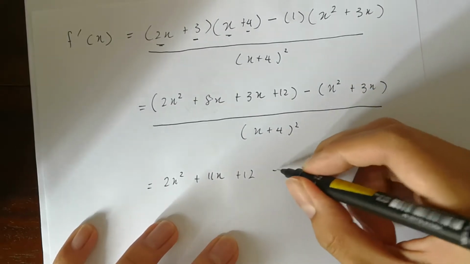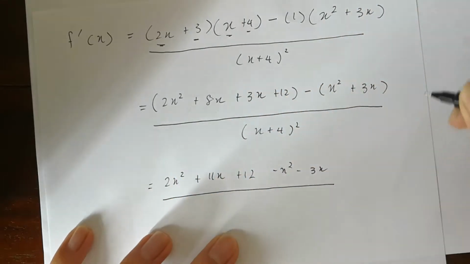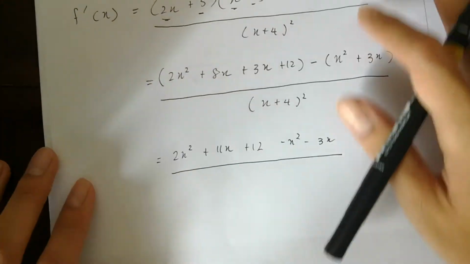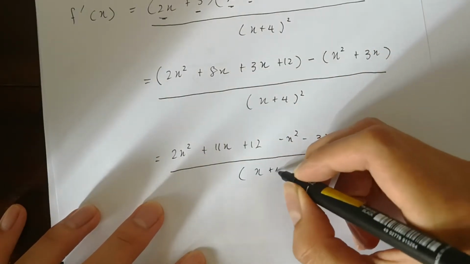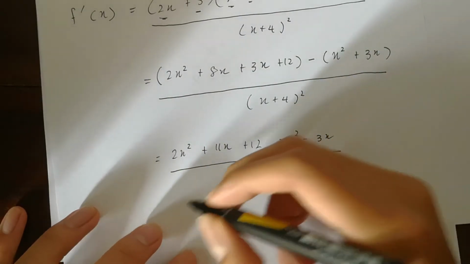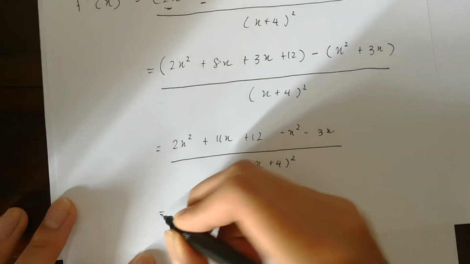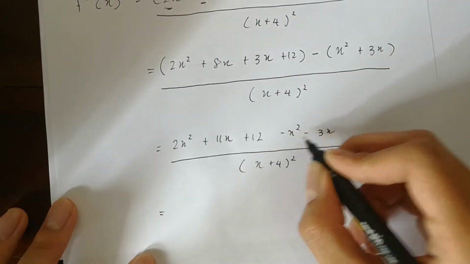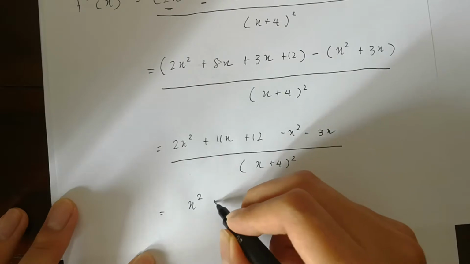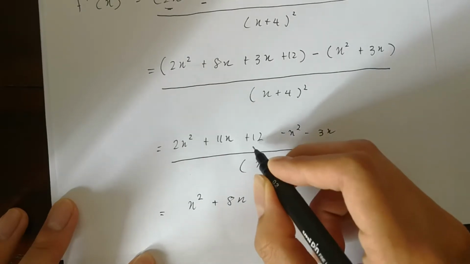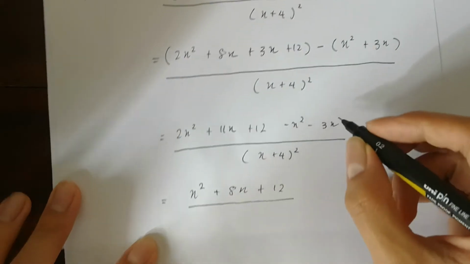Open up this bracket, you get minus x squared and minus 3x, over x plus 4 squared. Simplify even more: 2x squared minus x squared, you have x squared; 11x minus 3x is positive 8x; and plus 12.